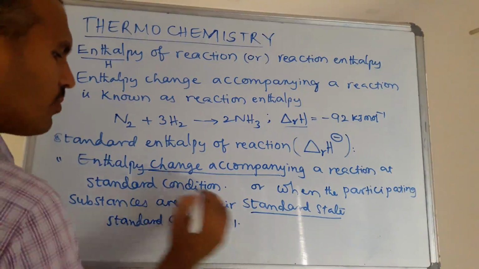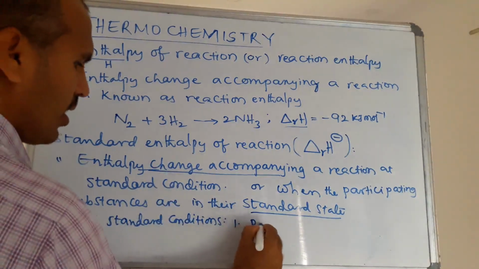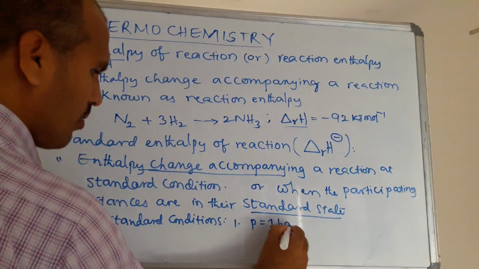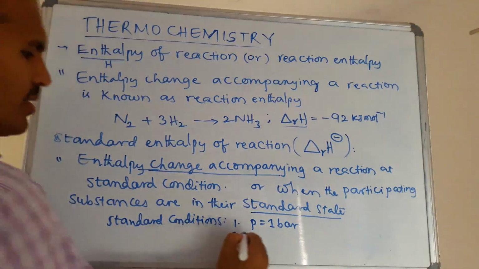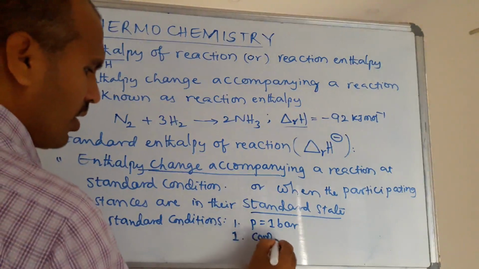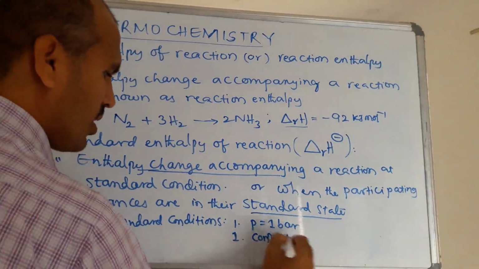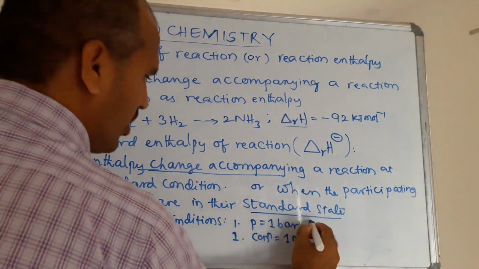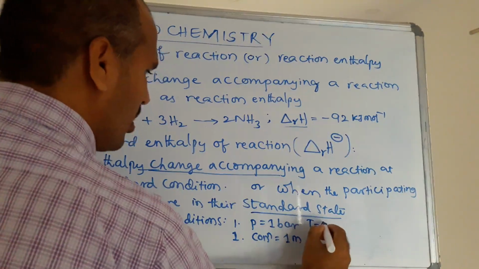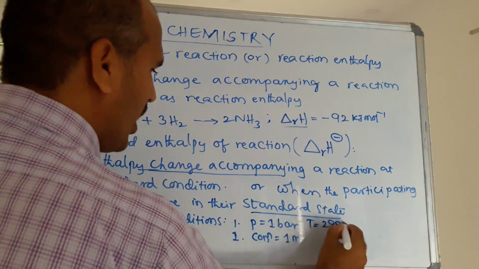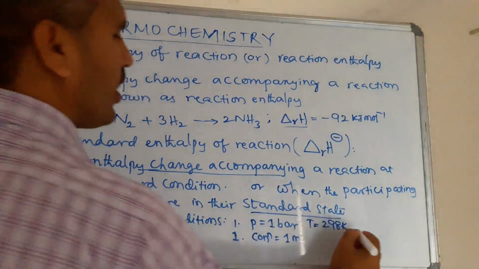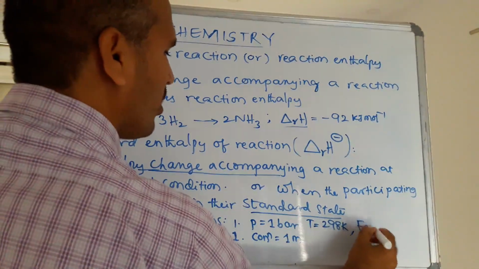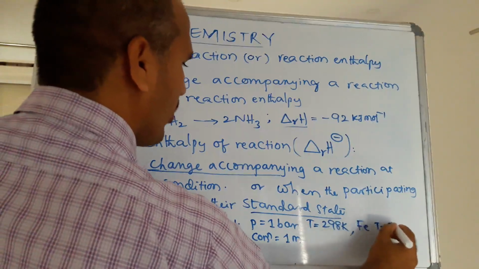Standard condition one: if pressure is there, that should be 1 bar pressure. Second, if concentration is given, then that should be 1 M concentration. If temperature is given, then that should be 298 Kelvin. There is no restriction on temperature; for example, for iron the standard temperature may be 500 Kelvin.